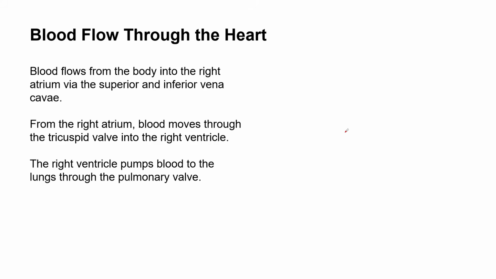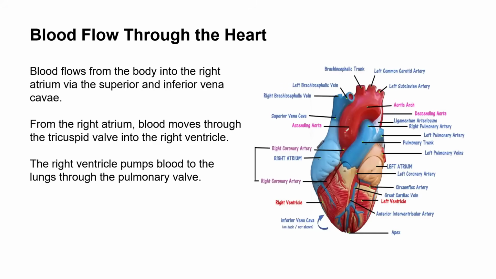And how does it get from the right atrium to the right ventricle? Through the tricuspid valve. And it moves from the right ventricle to the lungs through the pulmonary valve. So this is how blood flows through the heart.